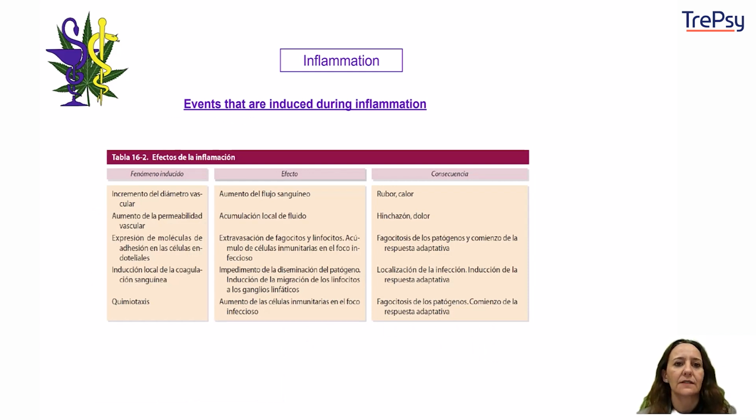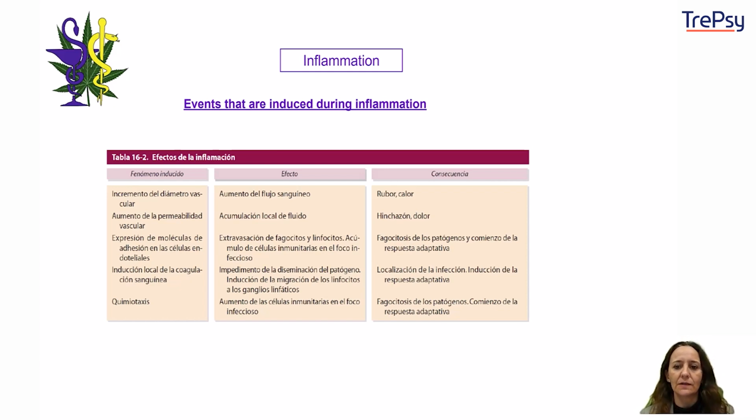What are the events that are induced during inflammation? Different events happen during inflammation in the blood vessels. For example, an increase in vessel diameter that allows fluids and cells to reach the tissue where they want to get and to fight the pathogen.